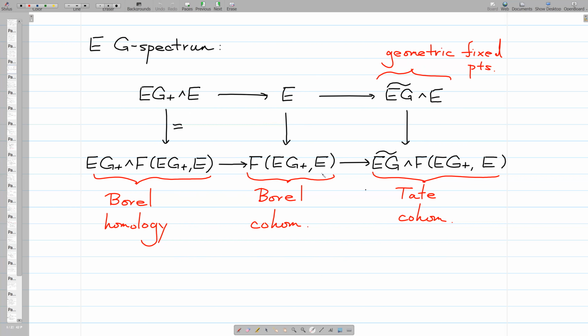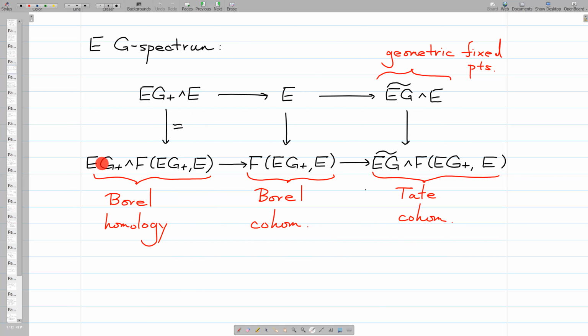Generally speaking, this F(EG plus, E) is called the Borel cohomology. Its fixed points are called the homotopy fixed points of E. And over here, these two on the left-hand side, EG plus smash E and EG plus smash F(EG plus, E), the map is actually always an equivalence.